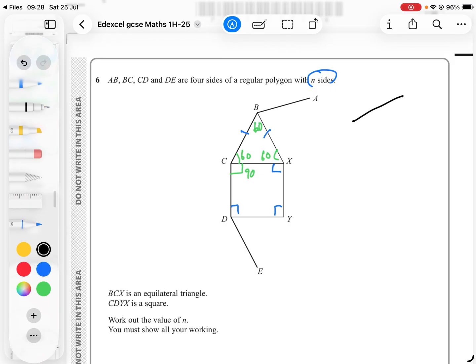AB, BC, CD and DE. Sorry, this one is not a straight line.